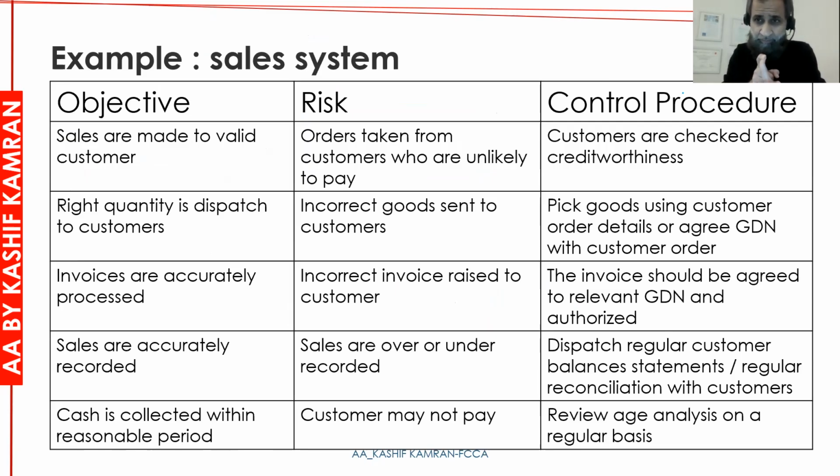Sales system, number 2, purchase system, number 3, payroll system, number 4, expenditure system, and number 5, the cash system. Five systems, right? You should go over the 5 systems, read the 5 systems.